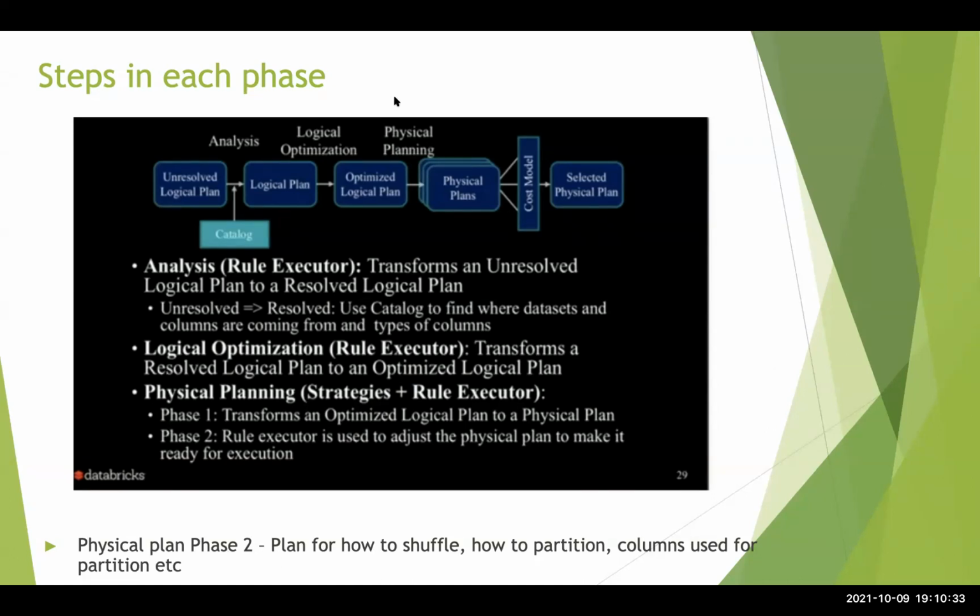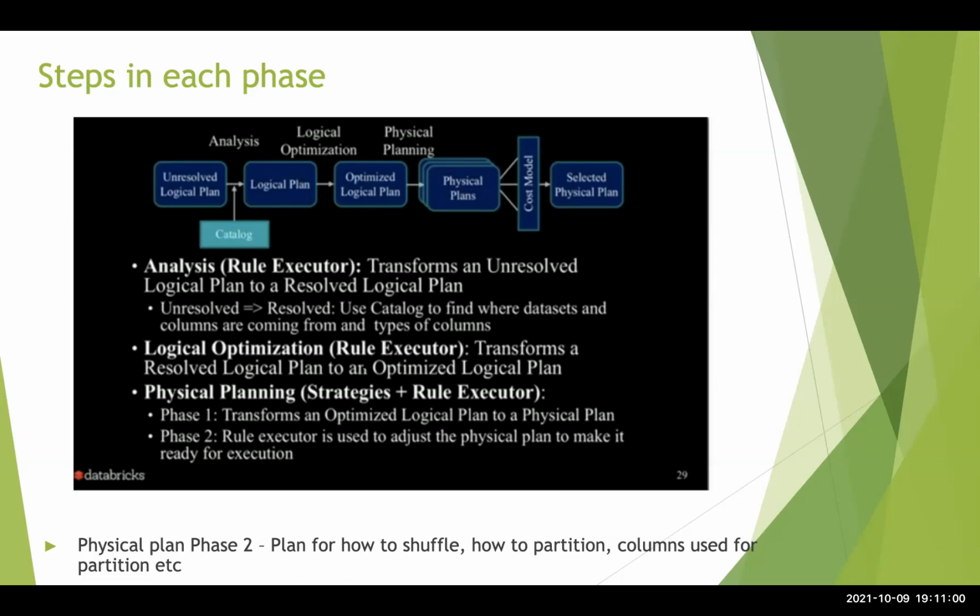Okay. Now you don't need to know the details, but this is what we already discussed. I'm just copy pasting from the Databricks documentation and trying to explain the same thing by repeating. The analysis step transforms an unresolved logical plan to a resolved logical plan, and it uses a catalog to find where the datasets and columns are coming from and the types of columns.